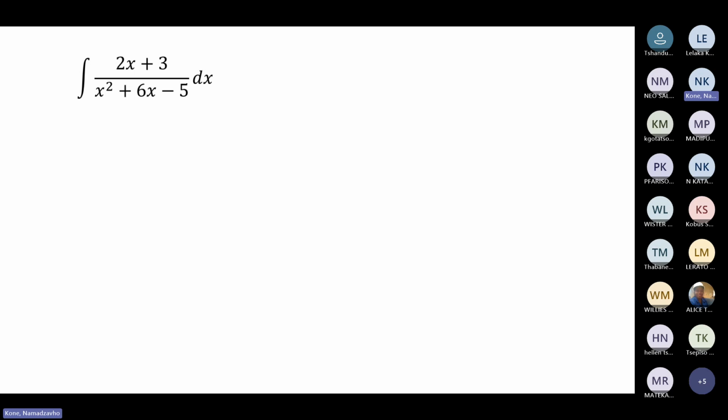Something that you can do to the numerator to create a derivative of what is at the bottom. Whatever you do on top, it must not change this integral. So whatever you need to compensate this 2x plus 3 that is there on top for it to look like 2x plus 6, when you compensate for that change, it will create 2 integrals for you.